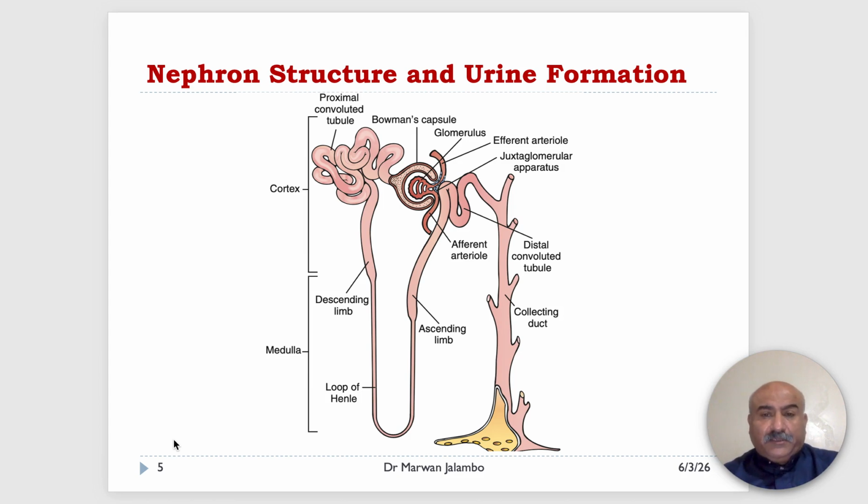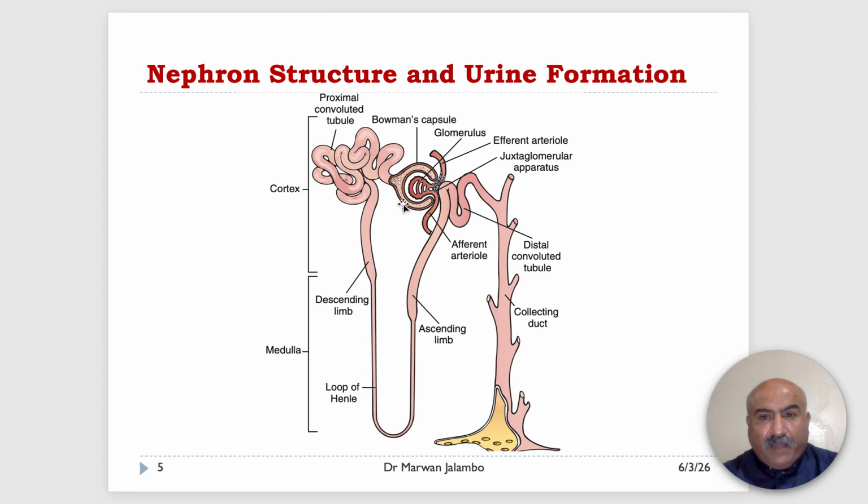As I mentioned before, each kidney houses about 1 million functional units called nephrons, which consist of a glomerulus connected to a series of tubules. The glomerulus is a spherical mass of capillaries surrounded by Bowman's capsule.